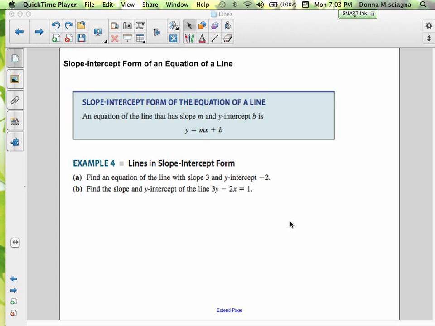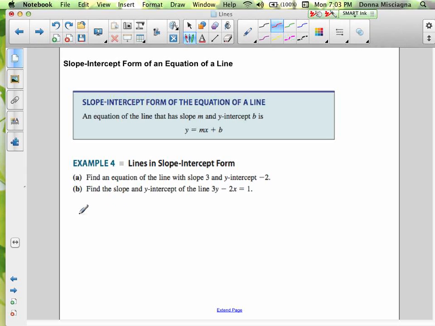So let's look at these examples here. We have all the information actually just to write them into slope-intercept form, or to find the slope and y-intercept given the line. So A there, find the equation of the line with slope 3 and y-intercept -2. Right? Because we've got the y-intercept and not just any point, we can go right to writing this in slope-intercept form.